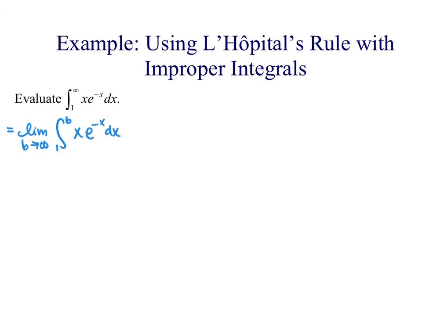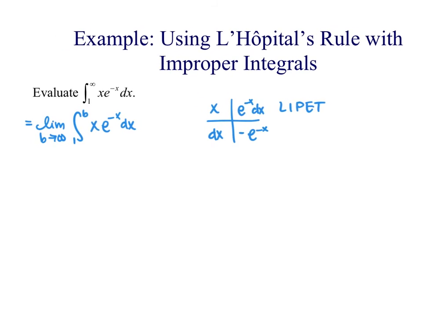All right, as a product, we need to set up our integration by parts, and we use our LIATE test. So that polynomial x is going to beat out the e to the negative x dx. So I'll have dx as my derivative and negative e to the negative x as my antiderivative. All right, so integration by parts gets me to the following.